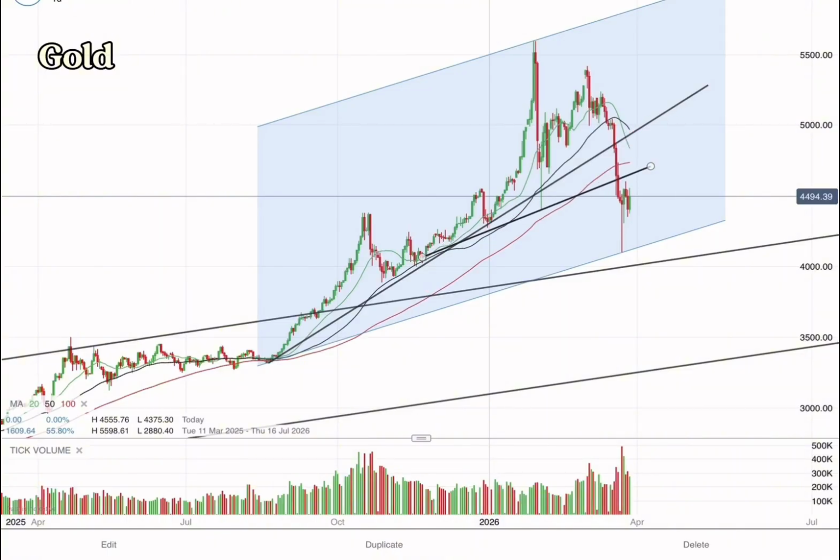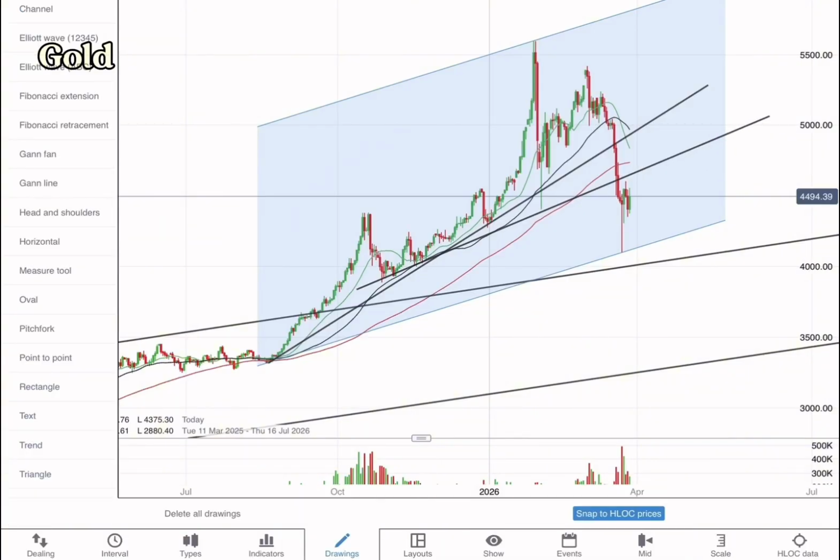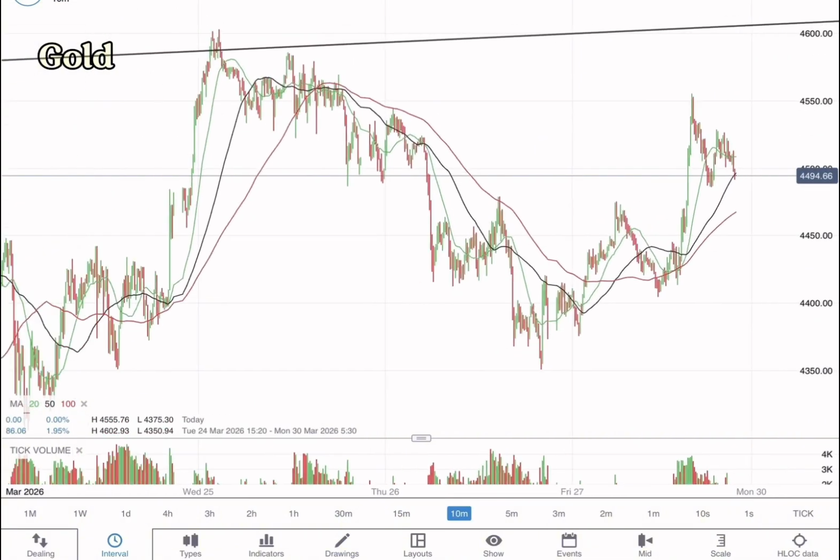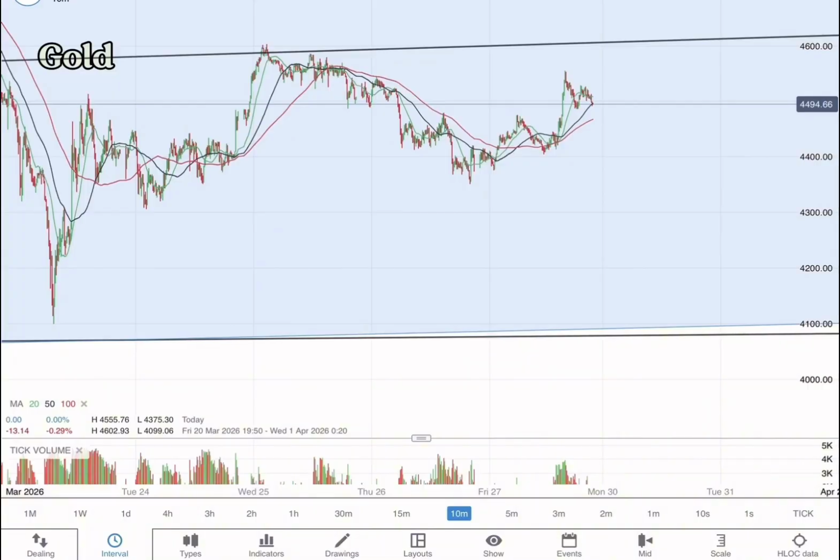But again, I'm going to put another line to where it broke it, because it now will become a resistance. And for gold to recover, it needs to break this resistance now.